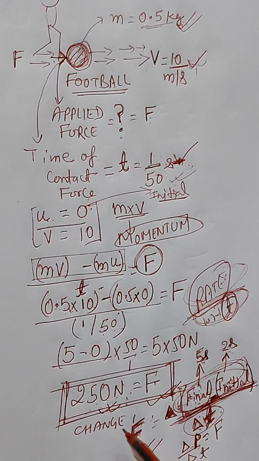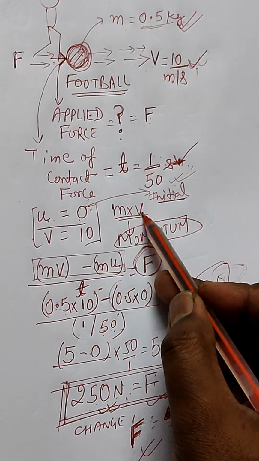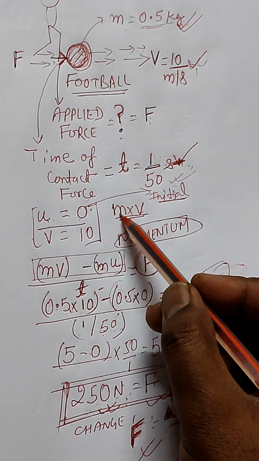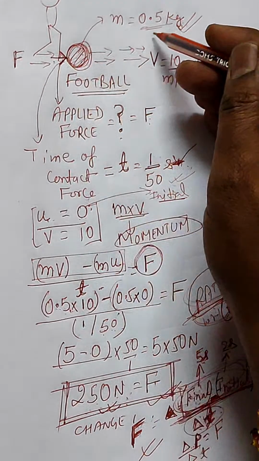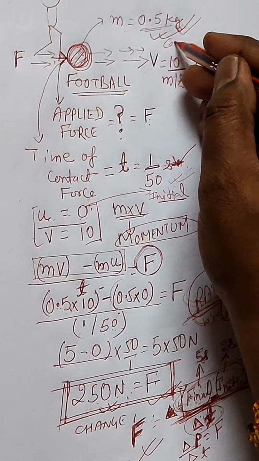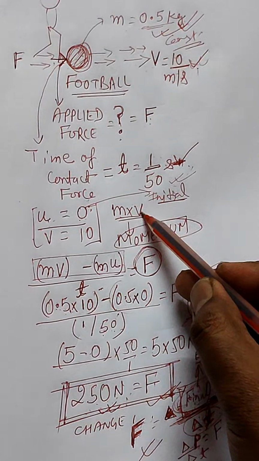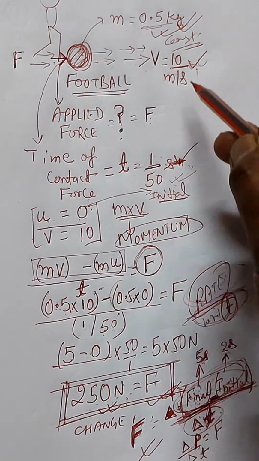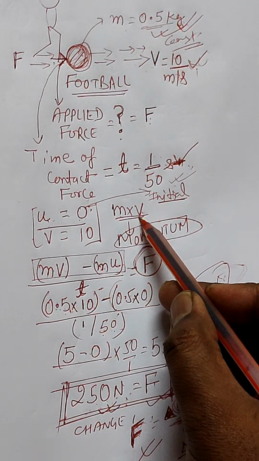Here m into v is momentum. The mass will be the same for the football before and after the kickoff, so m is constant. When you put v as the final velocity, 10 meter per second, the product m into v gives the final momentum.